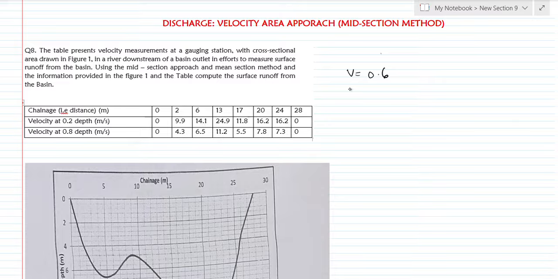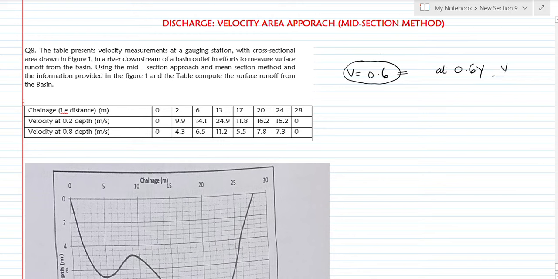In a situation where the velocity of the water was measured at 0.6 of the depth of the river cross section, then we will use that velocity.